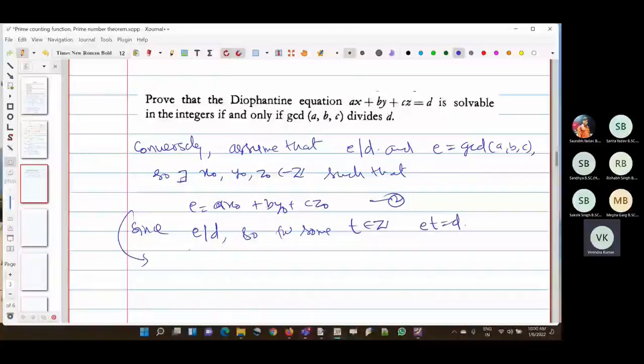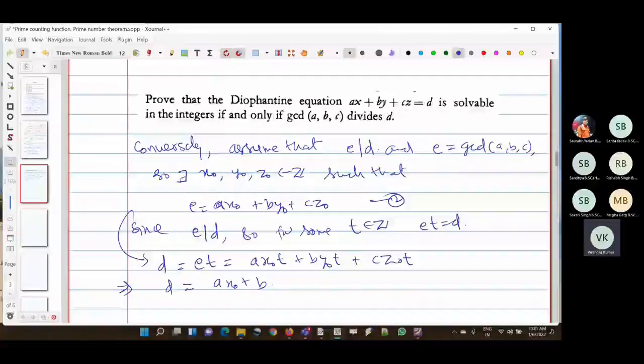So we have e t = a x0 t + b y0 t + c z0 t. And the left hand side then becomes d.